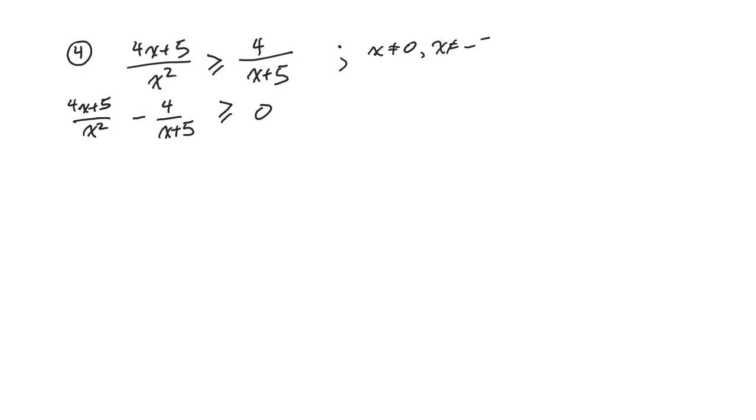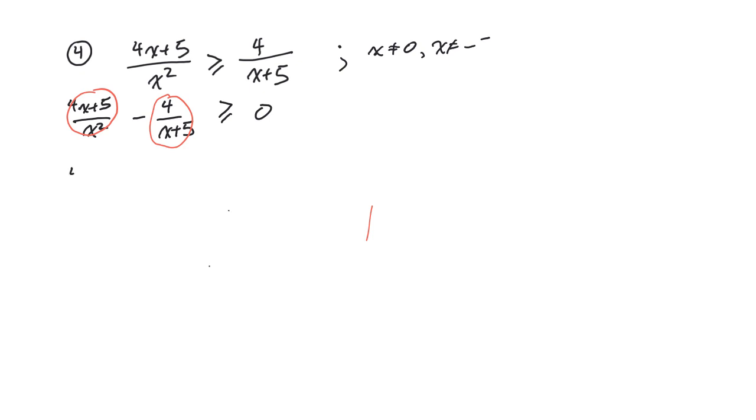So now we need a common denominator between each of these. So for the first one here, we're going to multiply the top and bottom by x plus 5. And then for this one here, we're going to multiply the top and bottom by x squared in order to have a common denominator. And in doing so, you're going to have the following resultant calculation.